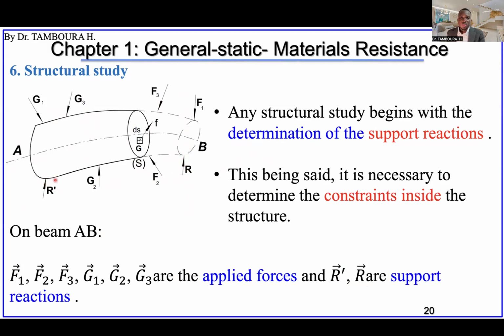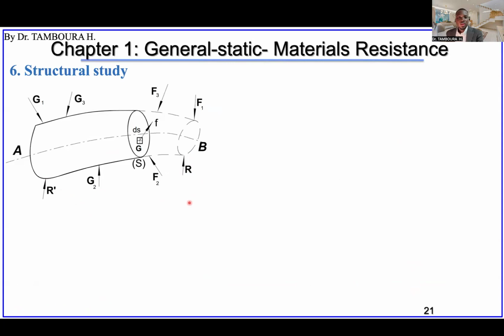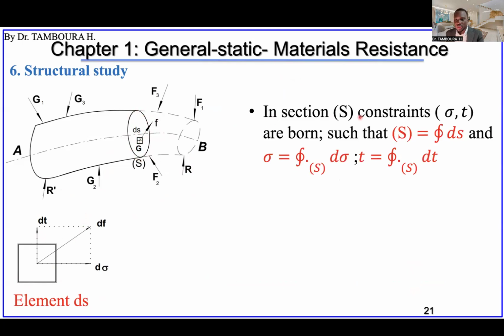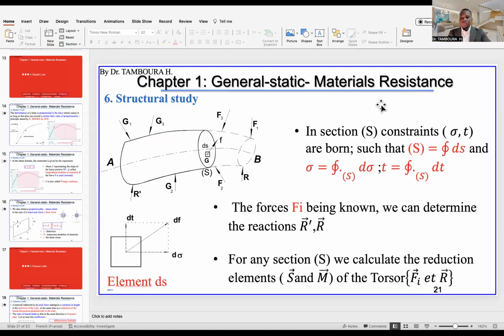So this will support your beam. That's why we have reaction here, R. Okay. So if we take now the dS element, this small element in this section, you see this section, okay? The section S, the stress, when you see stress here, it means stress, okay? Stress, I will correct it.